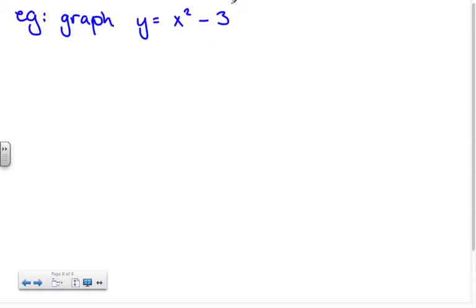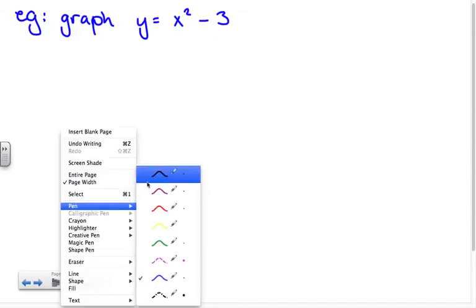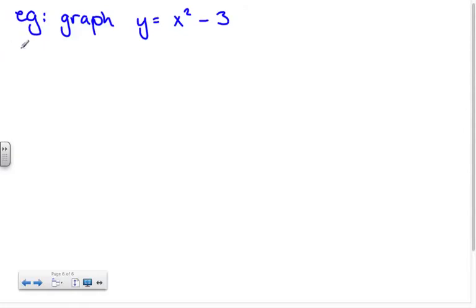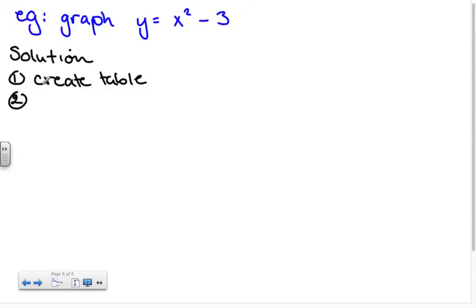We want to have a table of values, so we're going to create the table, and then after we create the table, we will plug numbers in. And of course, lastly, we're going to plot them.